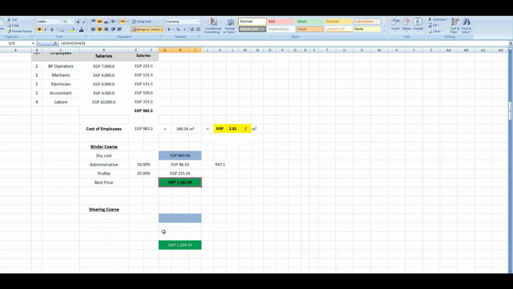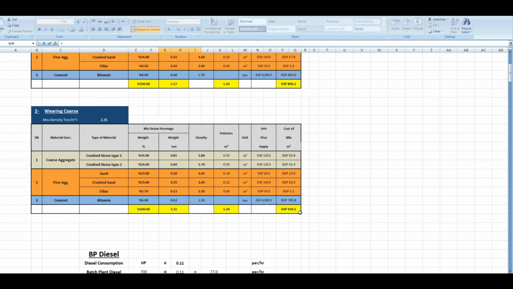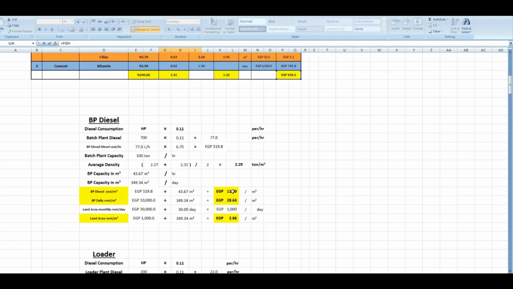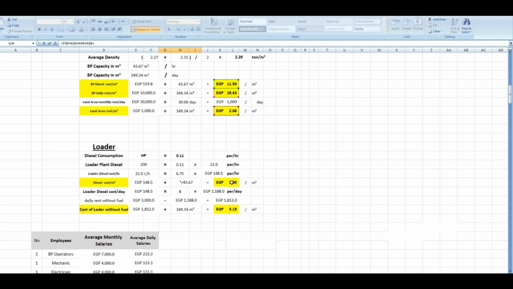The same way in the wearing course, the dry cost is calculated like that, equal to cost of material of the mix plus cost of diesel of the batch plant plus daily rent of the batch plant itself as equipment plus rent of land plus consumption cost of loader, can be 2 loaders, can be 3 loaders, there can be other equipment.